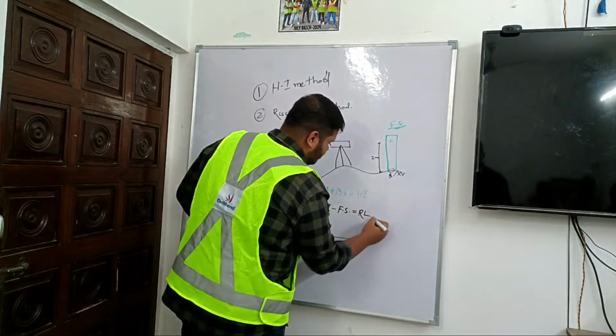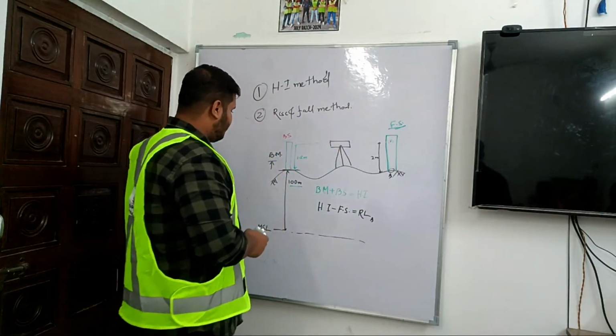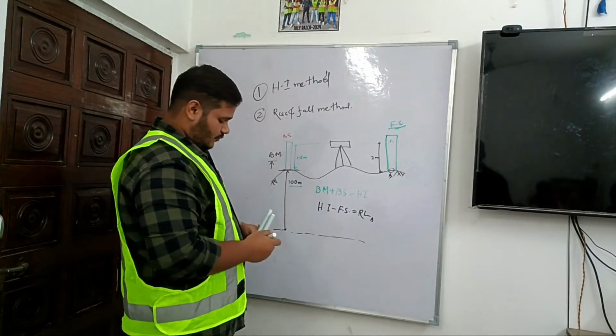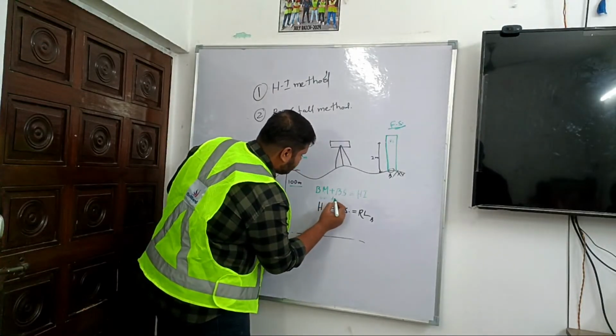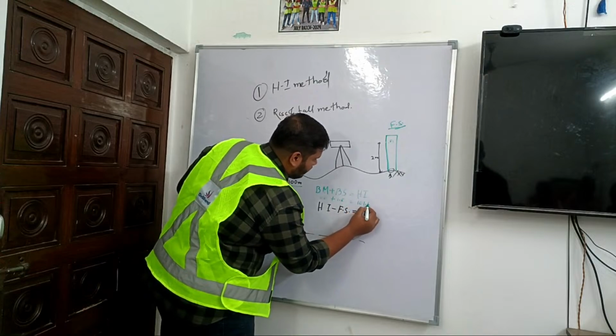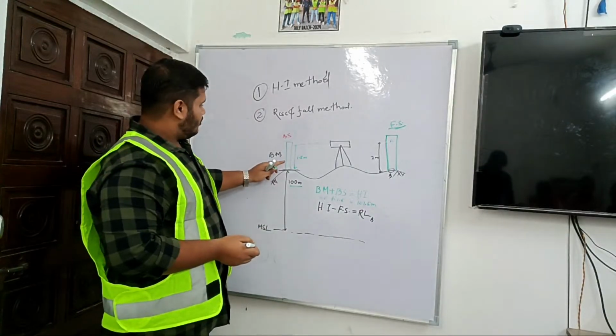Suppose this point is B, so this is the RL of point B. Now the benchmark is 100 and the BS comes out as 1.5 meters. Calculating that, 100 plus 1.5 gives us 101.5 meters.